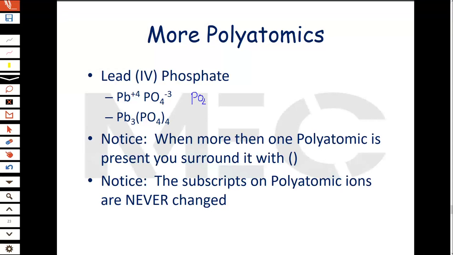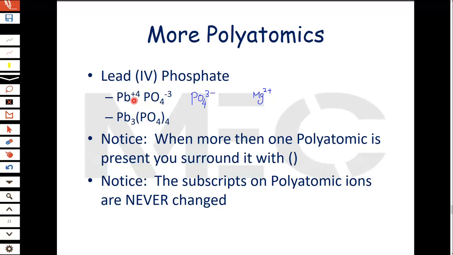In chemistry, when we write the charge of an ion, we write the number first and then the negative or positive. For example, for magnesium we write 2 plus, not positive 2. It's not very important, but it's better to write this way.